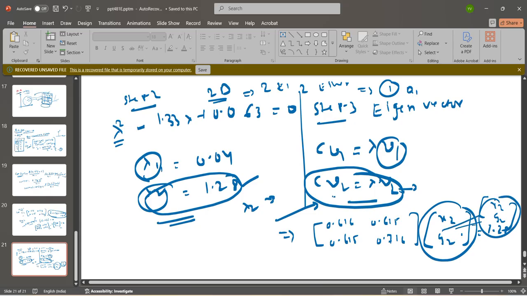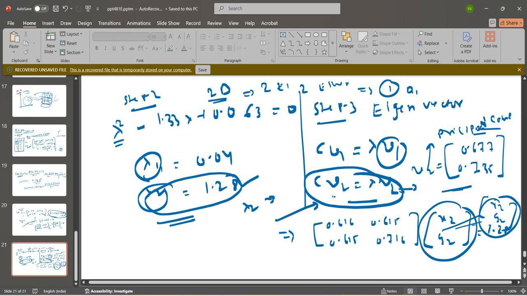If you find out this x2, y2 point, let us say you will get the point as 0.67, 0.735. And this is what we call the principal component.